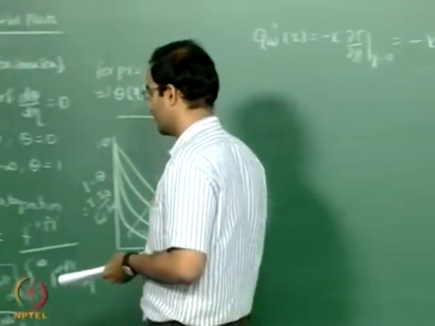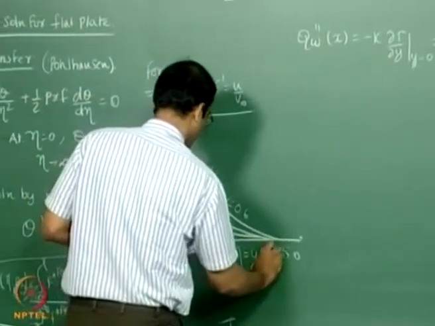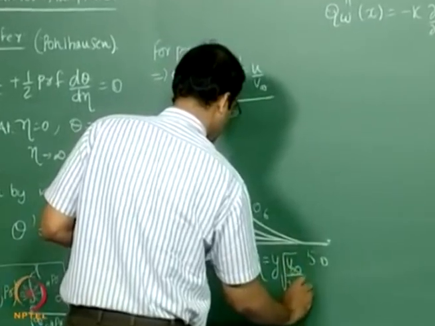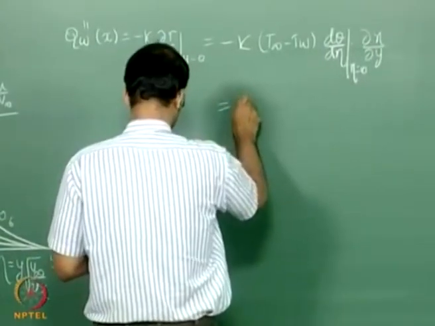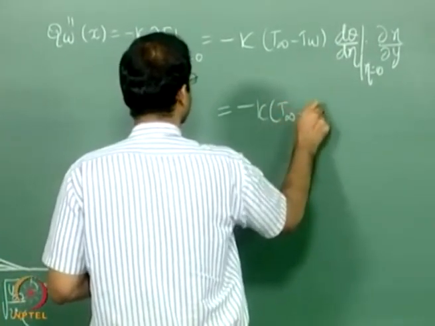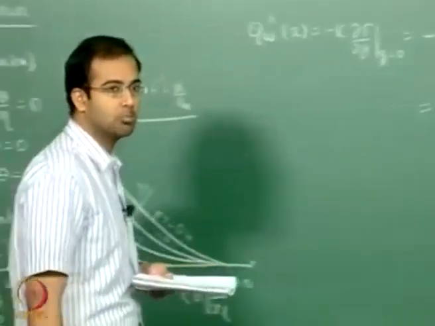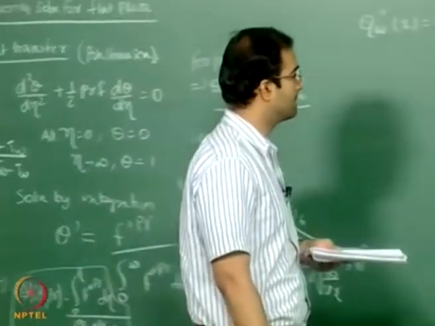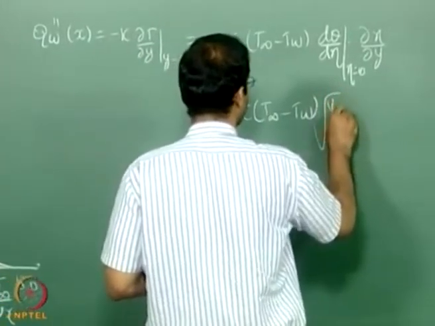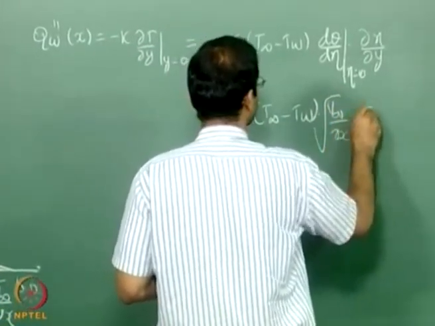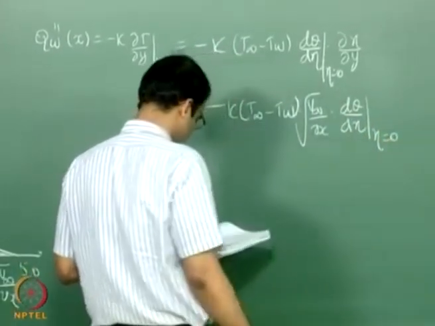Okay, now I also know my similarity variable eta is y times square root of u infinity by mu x. So I can just substitute, this should give minus k into T infinity minus T wall into what is d eta by dy, square root of u infinity by mu x, into d theta by d eta at eta equal to 0.